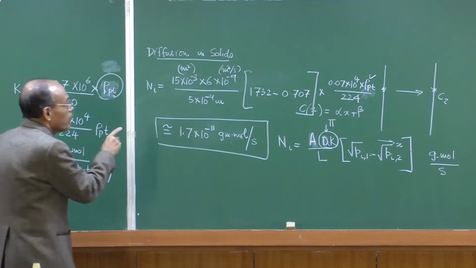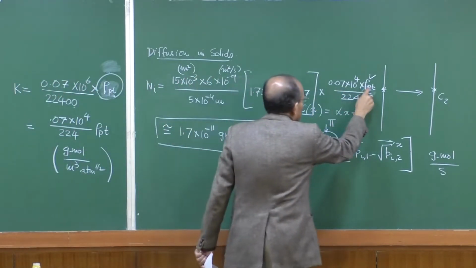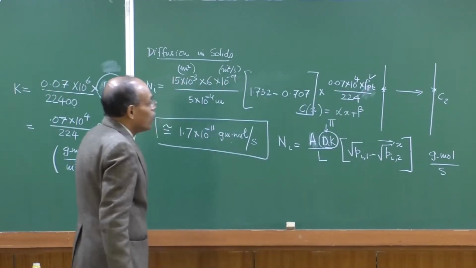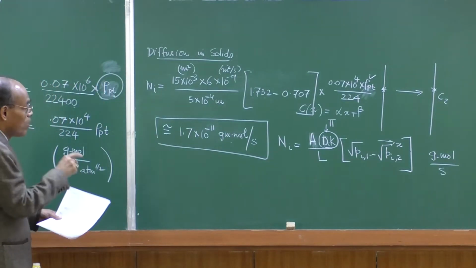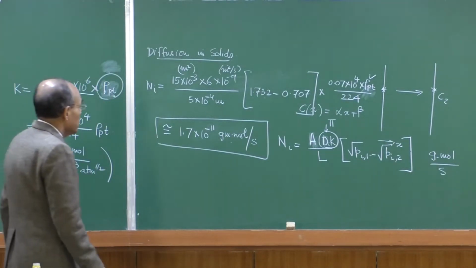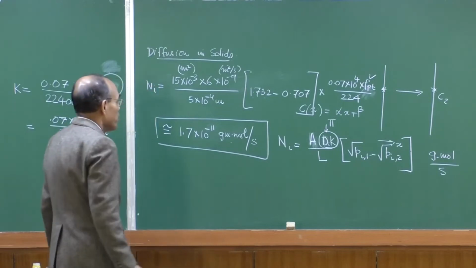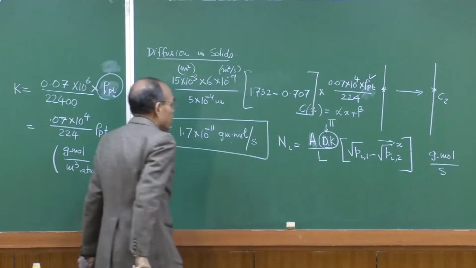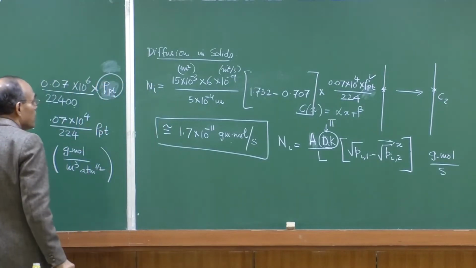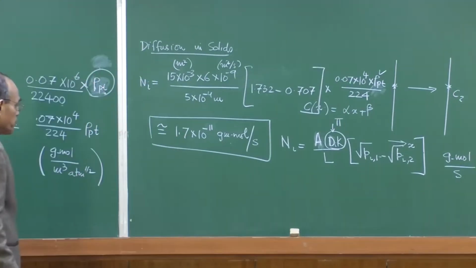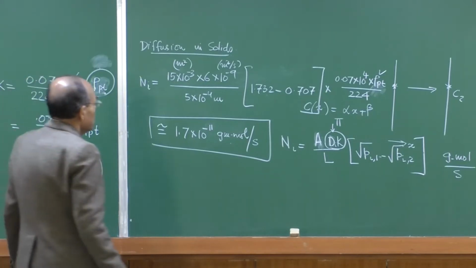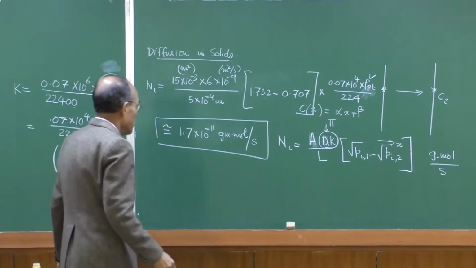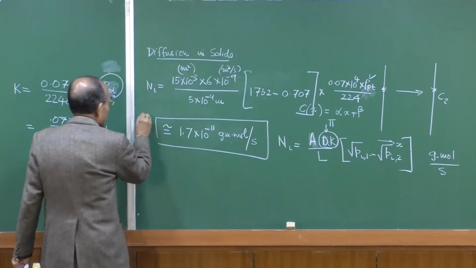So, I remember the final value, but I think I have substituted a wrong value for platinum density in my calculation. So, that is why I am not quoting. So, I am giving you the correct answer. If you substitute the value of rho platinum correctly, in that case you will get this value. Okay. So, that is the rate of permeation actually.